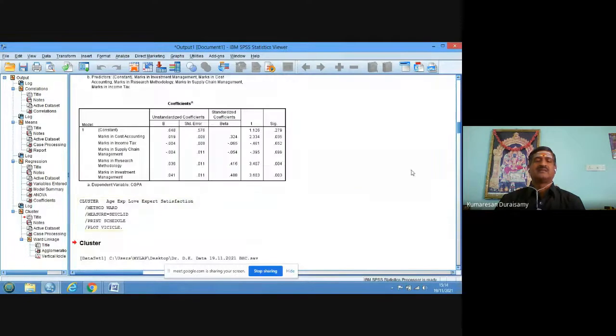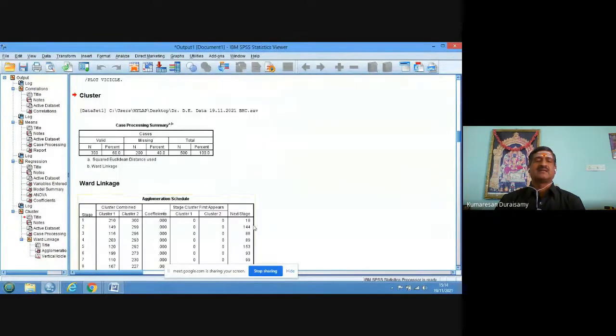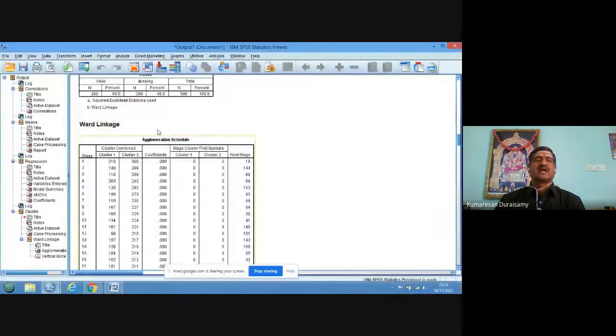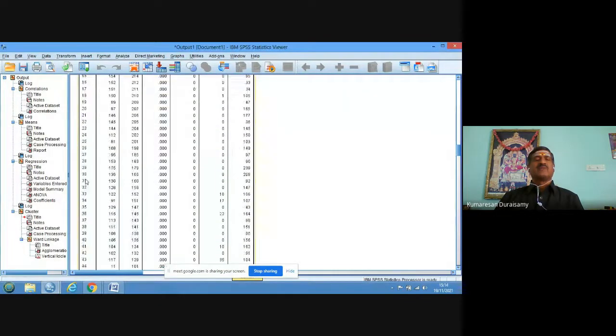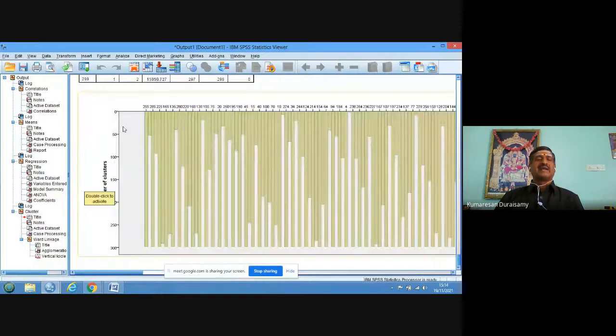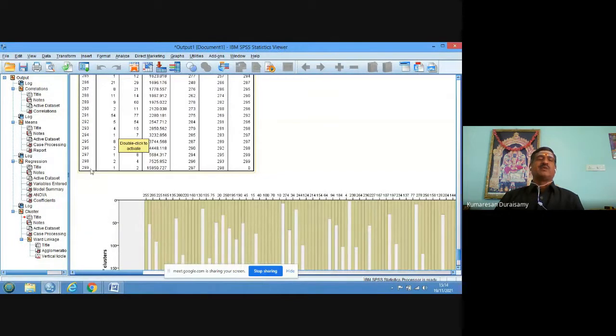Look at the result. This agglomeration schedule, Ward linkage. We have selected Ward's method. Look at the agglomeration schedule. Here, the first column is meant for stage numbers 1, 2, 3, 4, 5, up to, look at the stage number, 299. Why 299?